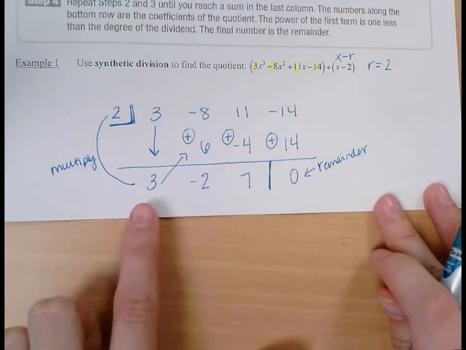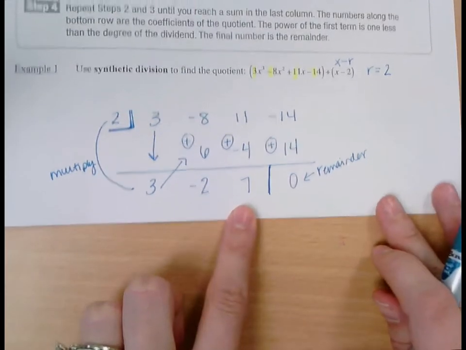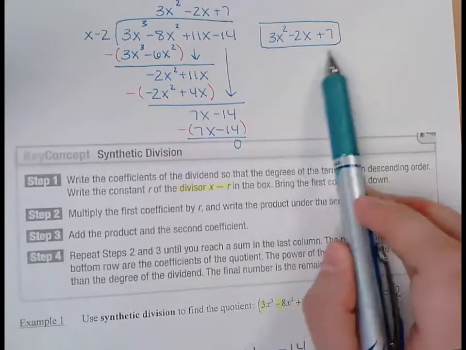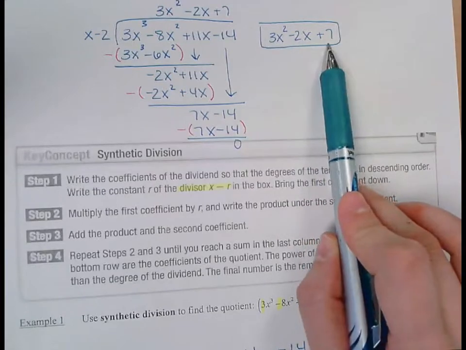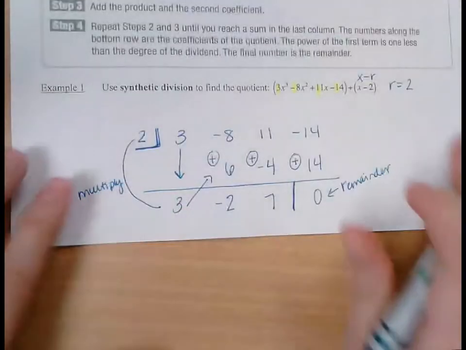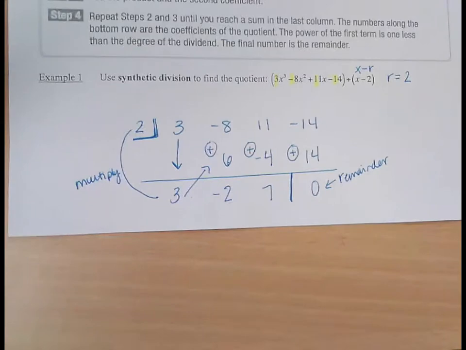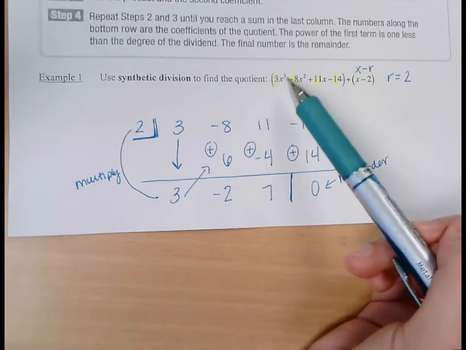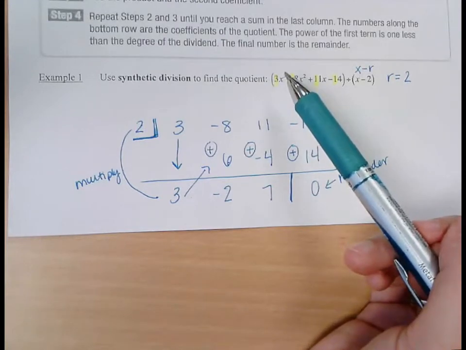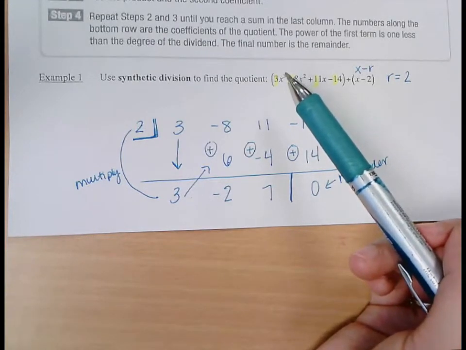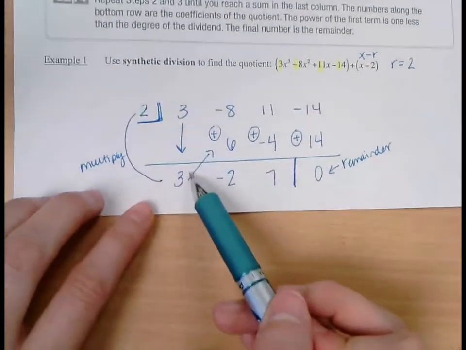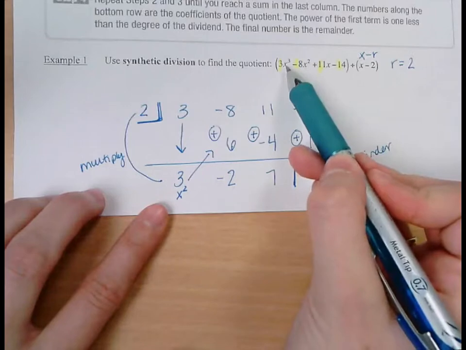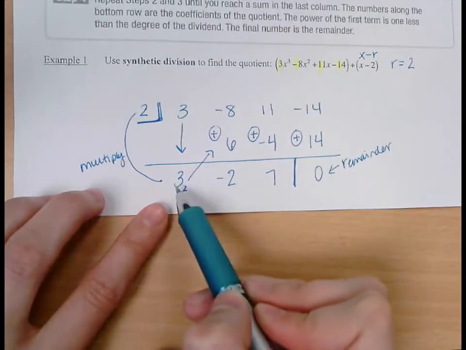Do you see the 3, negative 2, and the 7 in the answer we got before? Okay, they are the coefficients of your answer. So once you're here, this is how you know how to write your answer. Whatever the highest power of your dividend was, the highest power in your answer is always 1 less. So the 3 is going to be the coefficient of an x squared term, because 3 was my highest power, now it's going to be 2.